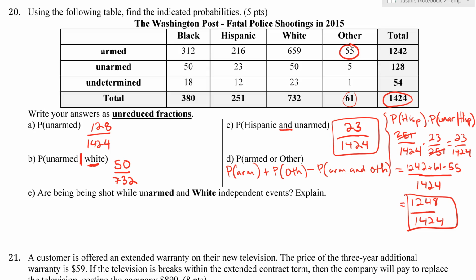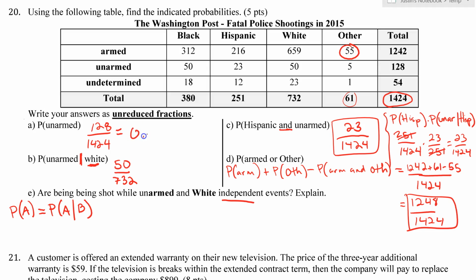Finally, for letter E, it's asking us, are being shot while unarmed and being white independent events? So let's remember what it means to be independent if we wanted to show this mathematically. It means the probability of one thing stays the same, right? If we want to find the probability of A, it's still the probability of A, even if we know something about the other event, given B. Well, if you notice, parts A and B already helped us find the probability of unarmed and probability of unarmed given white. And let's just turn these into decimals so that we can compare them a little easier.